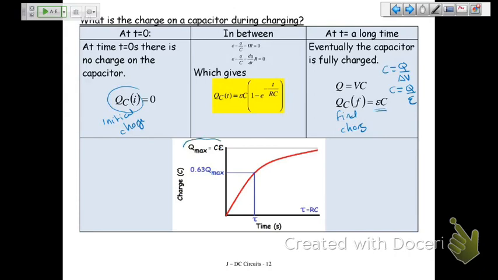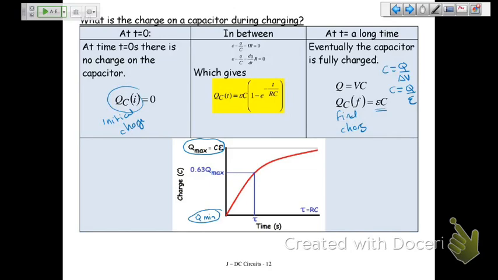So let's draw that. That's my Q max, and that's my Q min. Q min 0, Q max. And it goes in between. I think intuitively you can see when you first begin charging, there's a lot of current flowing because there's very little charge, electric field pushing back.